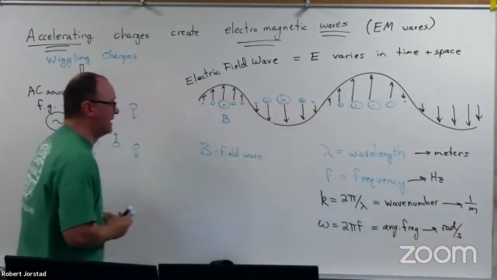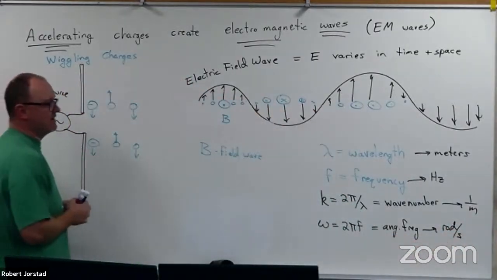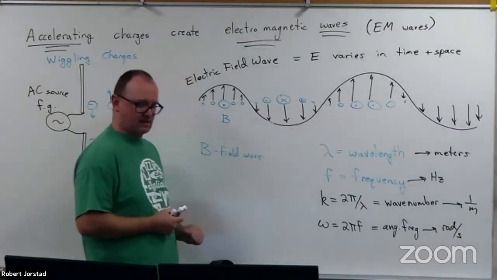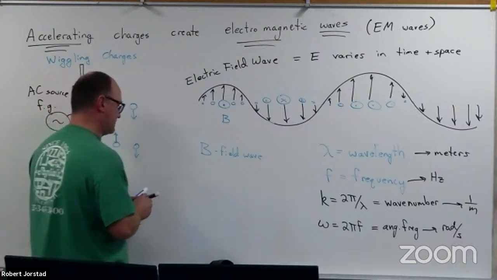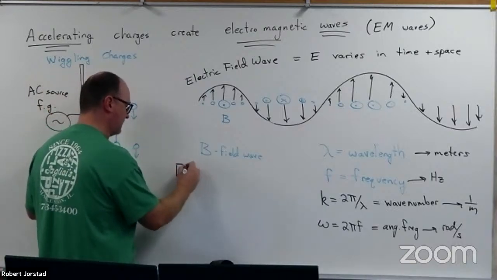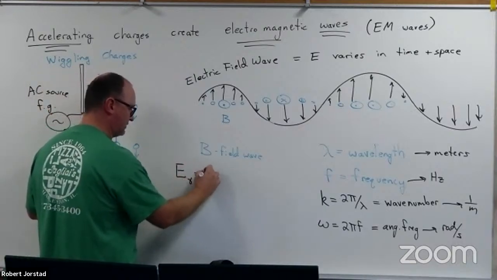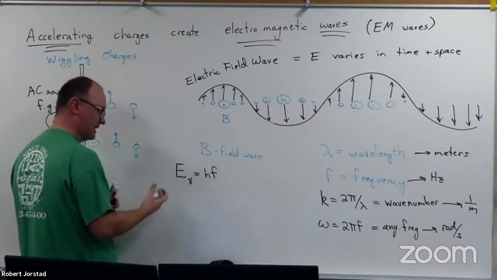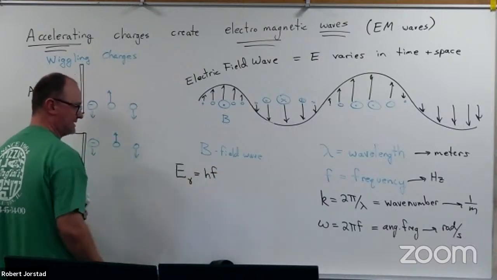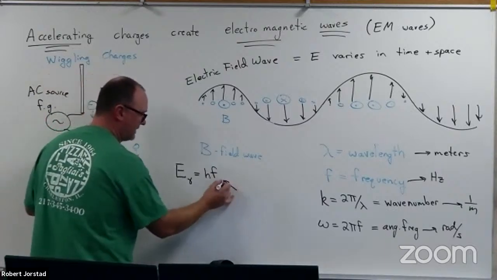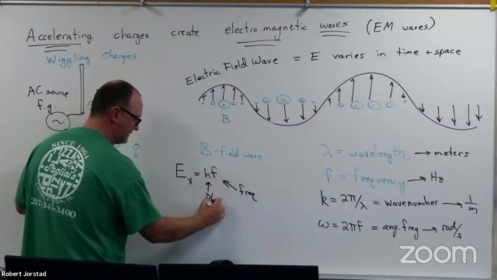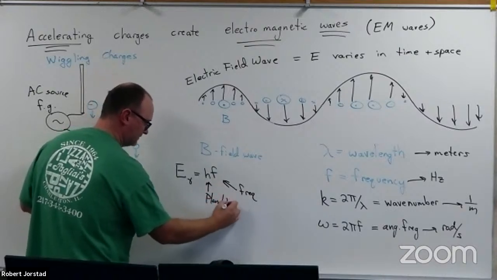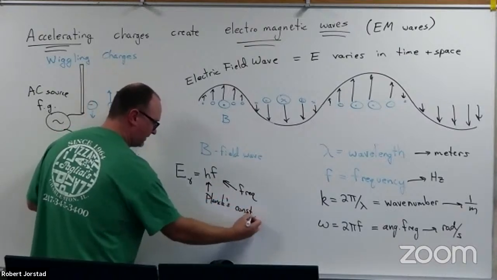We see that there is a range of frequencies that can be used, and that was called the E&M spectrum. We see this other equation I alluded to earlier: the energy of a photon is equivalent to hf, where f is frequency and h is Planck's constant, some number.